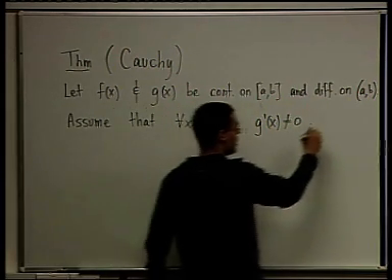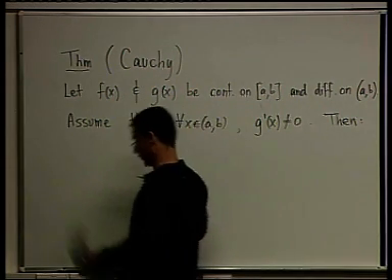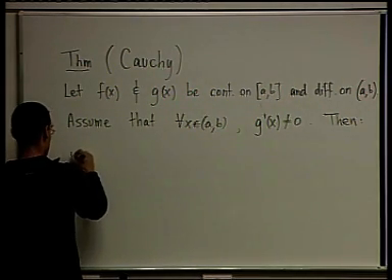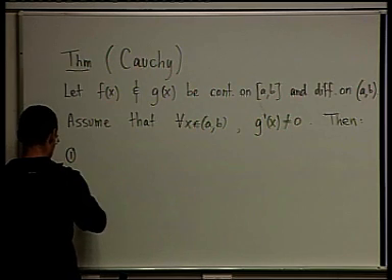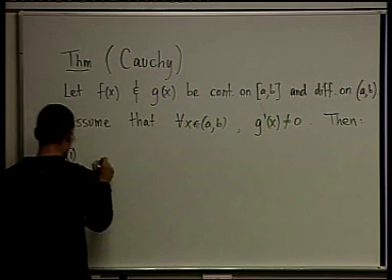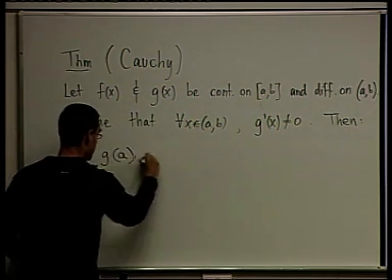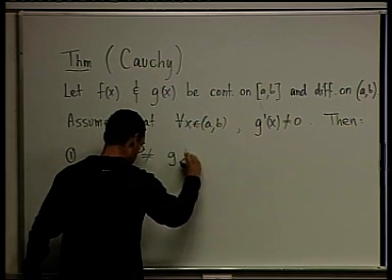And now comes the then part. Then, there are two assertions. The first one is very technical. It's not the one we're interested in. The first one says that g at a is not the same as g at b.